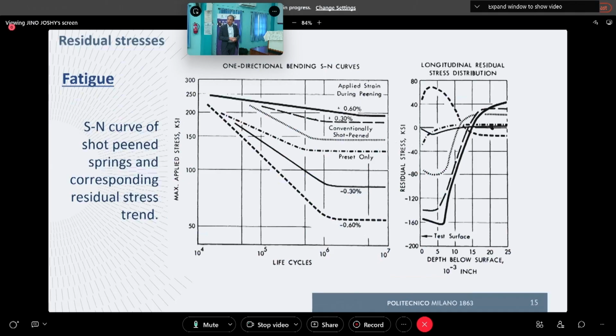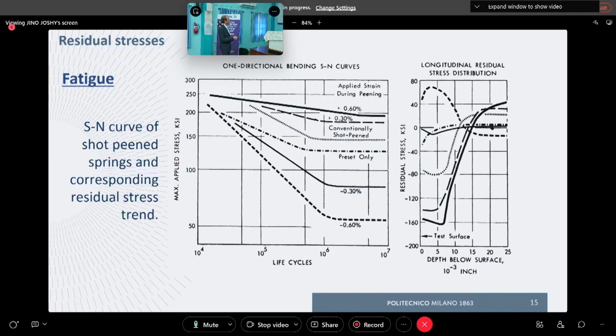At the same time, if we apply the same pre-stress on the wrong side of the leaf spring, we are inducing a negative modification of the residual stress induced by stress peening.